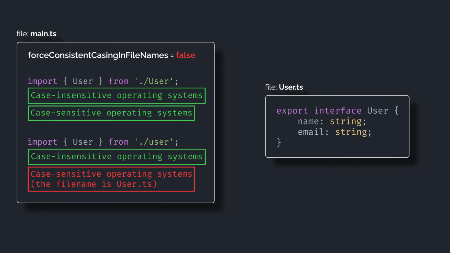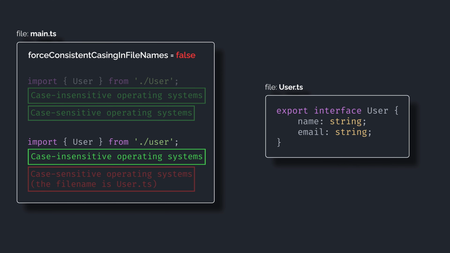Another easy mistake is to rely on case-insensitive file names. For example, if your operating system doesn't differentiate lowercase and uppercase characters in file names, you can access a file called user.ts by typing it with a capital U or with everything lowercase. It will work the same way, but it might not work for the rest of your team.